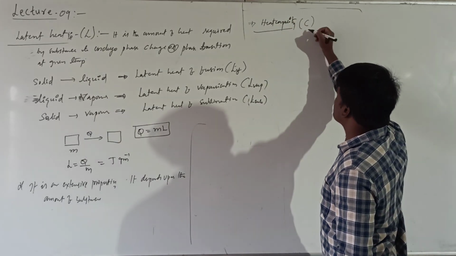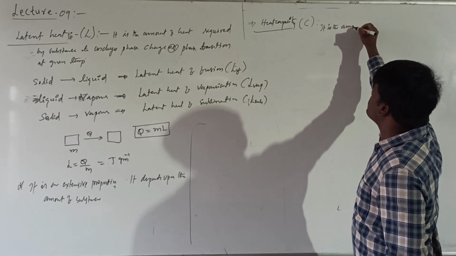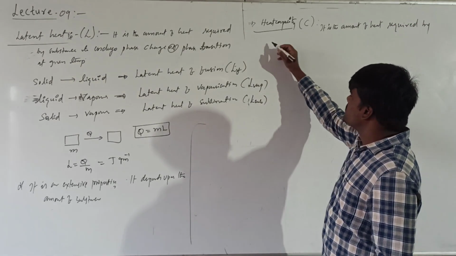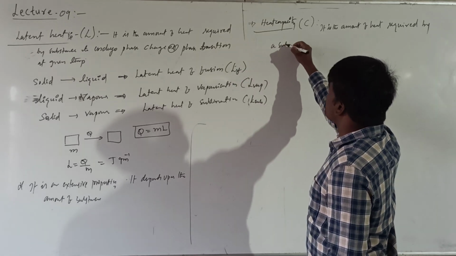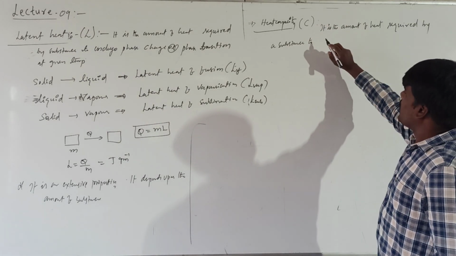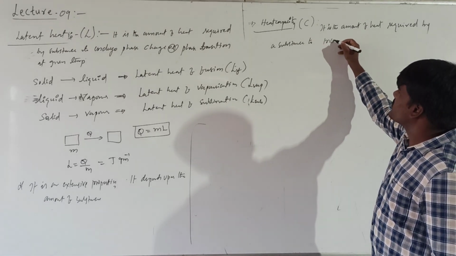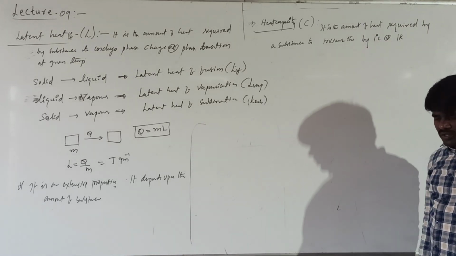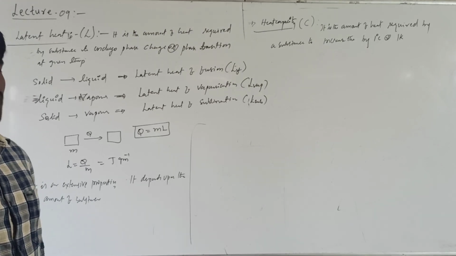Heat capacity is denoted with capital C. The definition of heat capacity is that it is the amount of heat required by a substance to increase the temperature by 1 degree Celsius or 1 Kelvin.